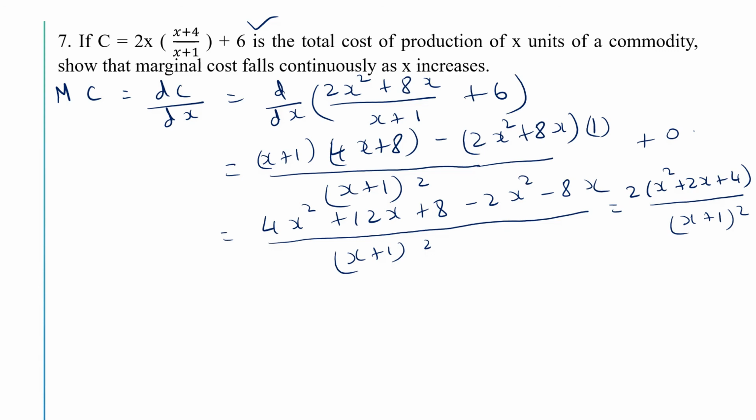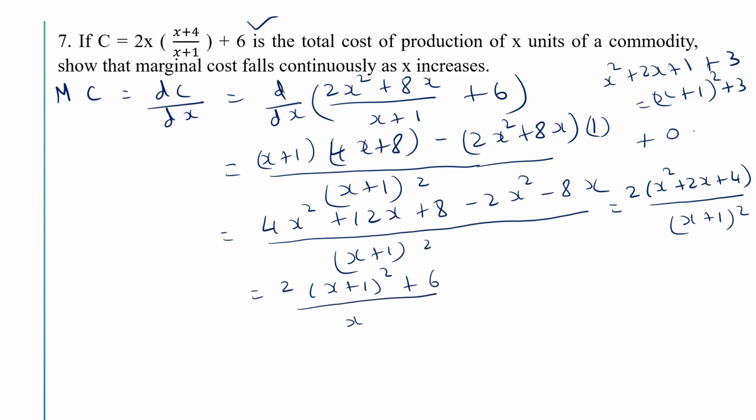This x square plus 2x plus 4 we can write it as x square plus 2x plus 1 plus 3, or it is equal to (x plus 1) the whole square plus 3. So this is equal to 2 into ((x plus 1) the whole square plus 3) divided by (x plus 1) the whole square, or it is equal to 2 plus 6 by (x plus 1) the whole square.